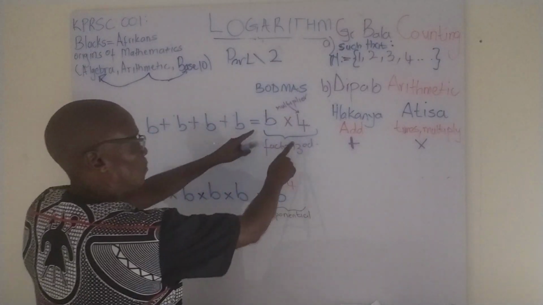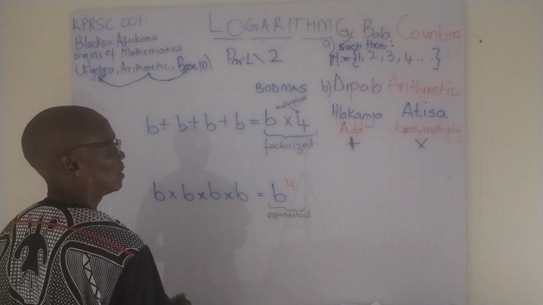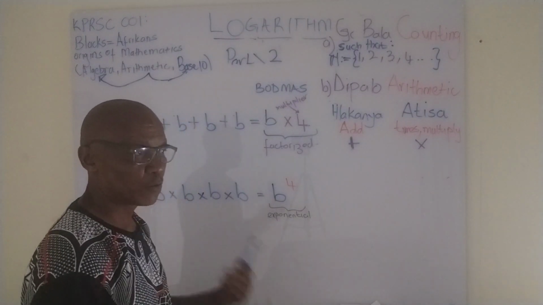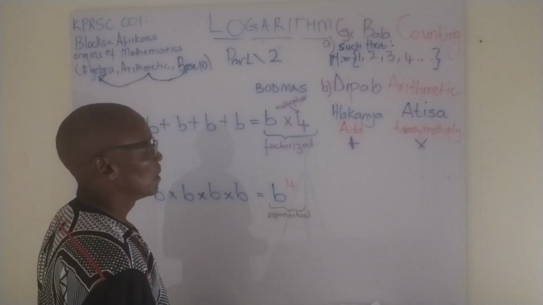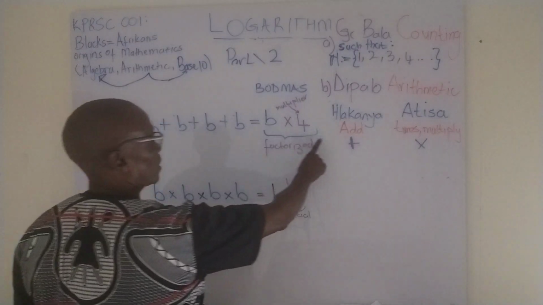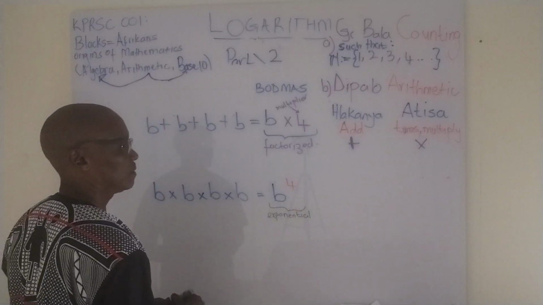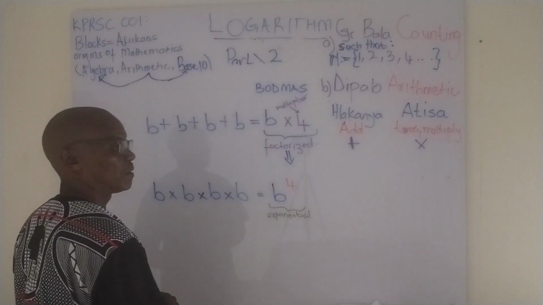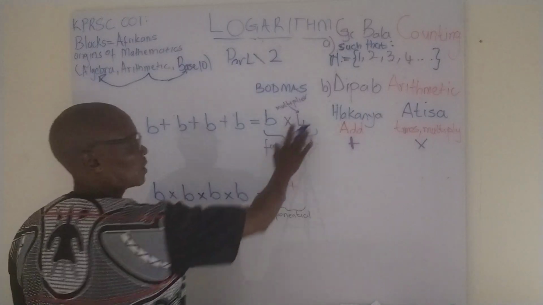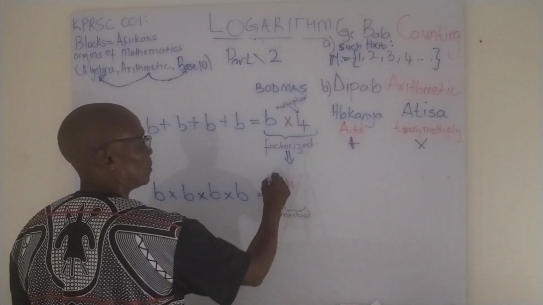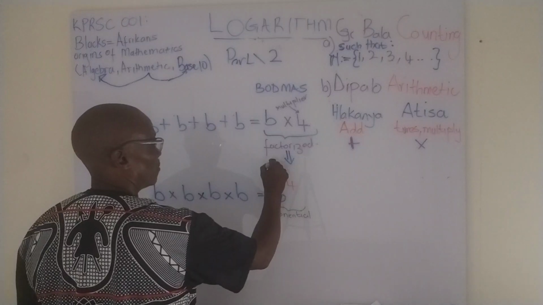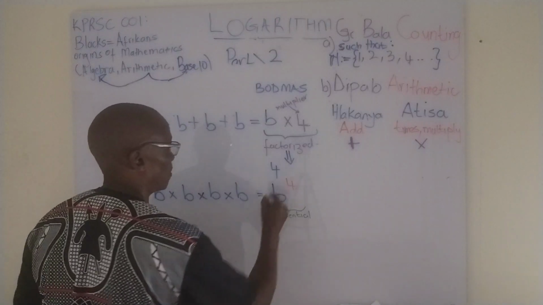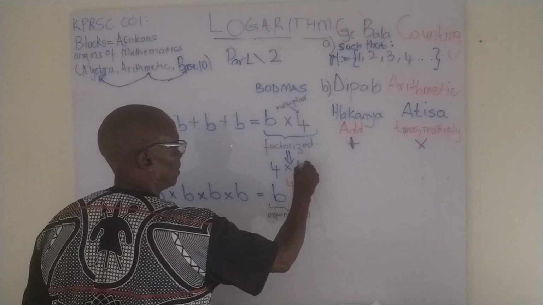From this point onwards, while you understand other symbols like implies or equivalence, I can write this factorized form to mean, and I'll write the implies this way, right? Because I don't have space here. To mean 4 multiplied by b.